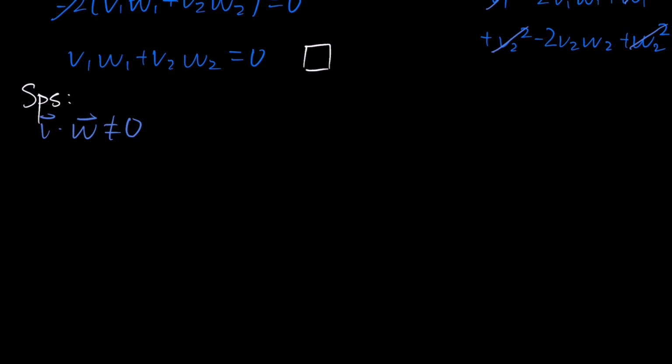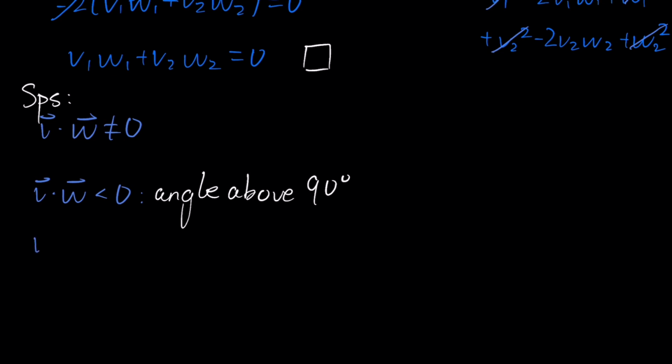The sign of V dot W immediately tells us whether we are below or above a right angle, so whether the angle between the two vectors is acute or obtuse. The angle is above 90 degrees when this is negative. And when V dot W is positive, the angle is below 90 degrees.